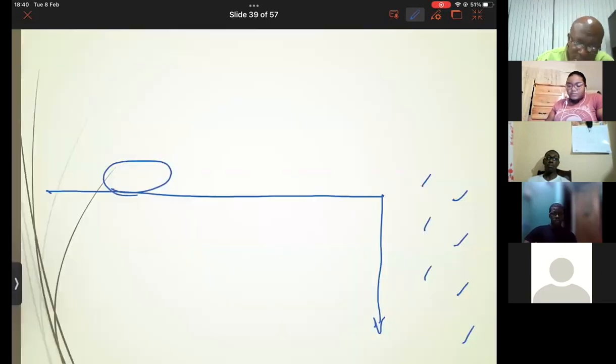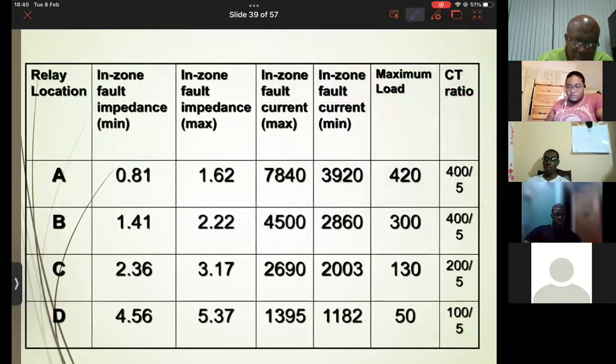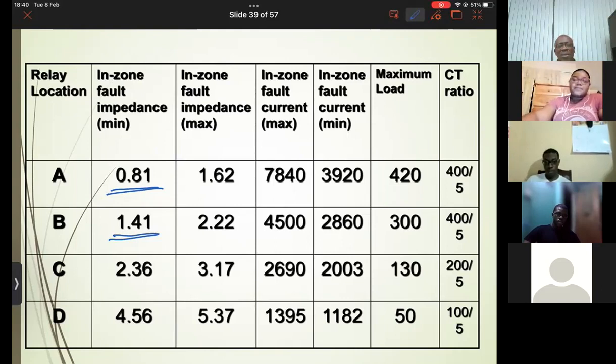And so we go to our table, and in our table we are getting 0.81 plus 0.6, which gives us 1.41. Are you comfortable with that? If not, say your piece.